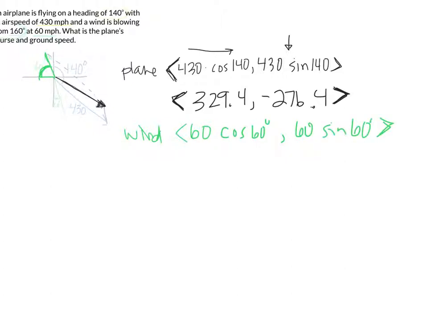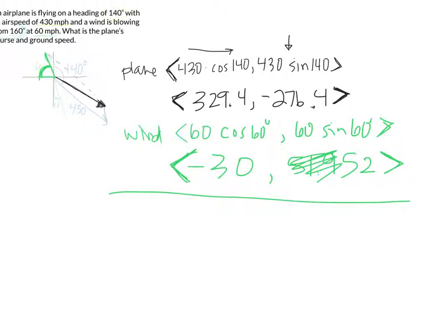Now because it's in the second quadrant, the cosine should be negative. So negative 30, because it's in the second quadrant, and cosine is negative there. And 60 sine of 60 becomes 51.96. So let's just call it 52. Pretty close. So that's my wind vector and my plane vector.